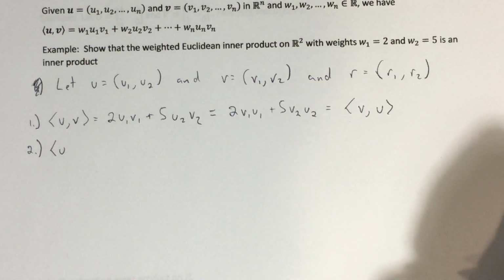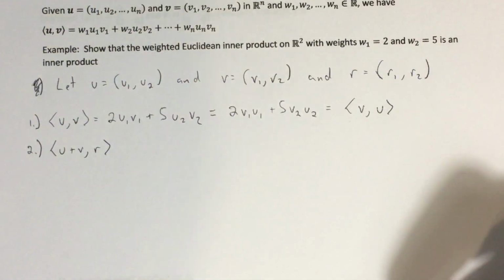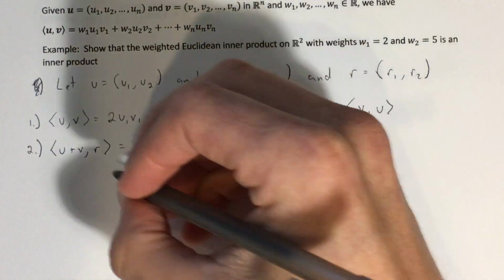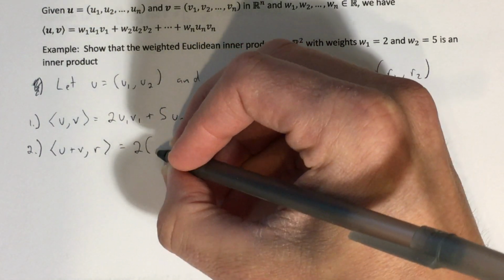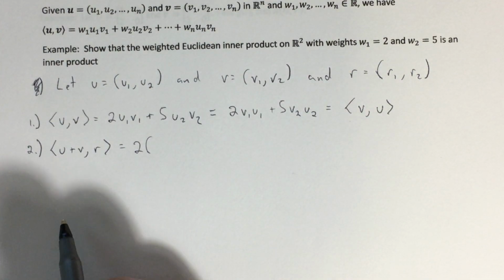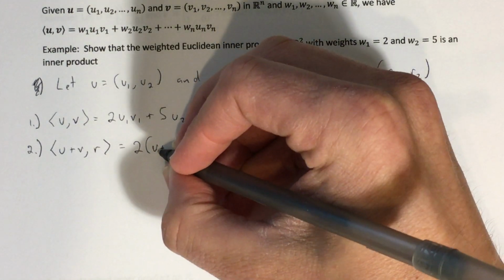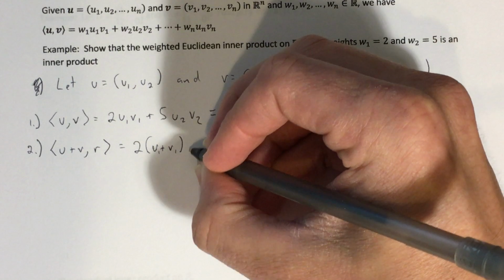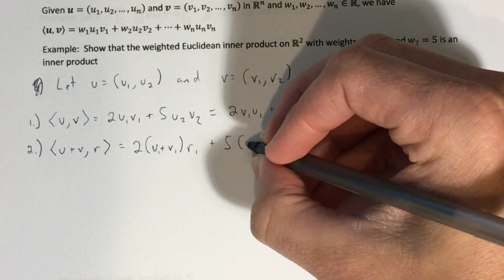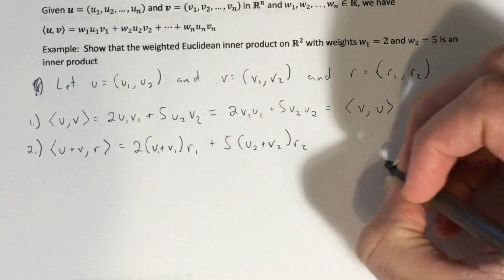All right, so let's look at U plus V with R. By the way we've defined our inner product, this would be 2 times, now the sum of vectors U plus V, its first component would be U1 plus V1, and this is times R1, plus 5 times U2 plus V2 times R2.